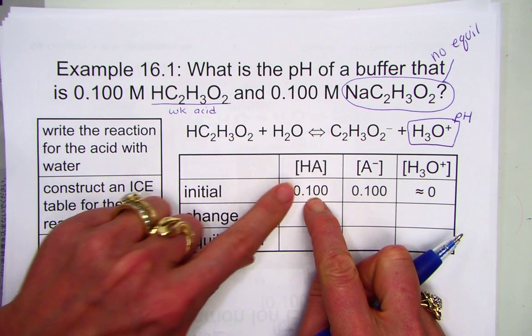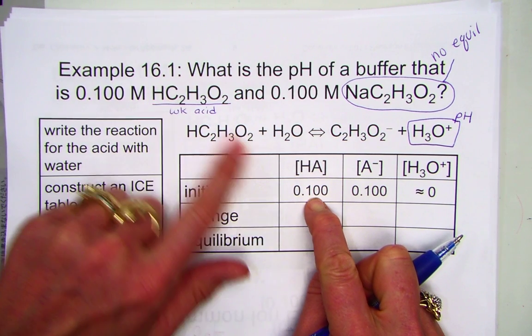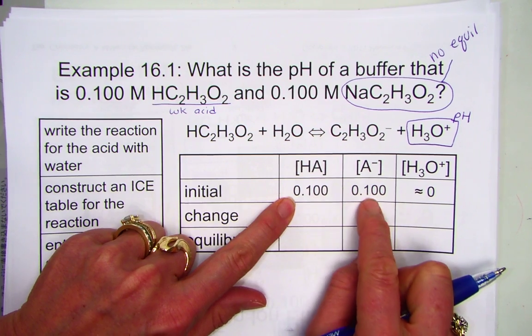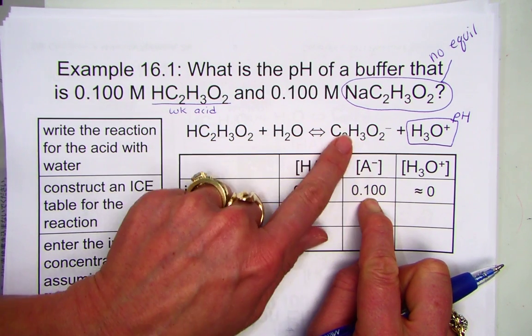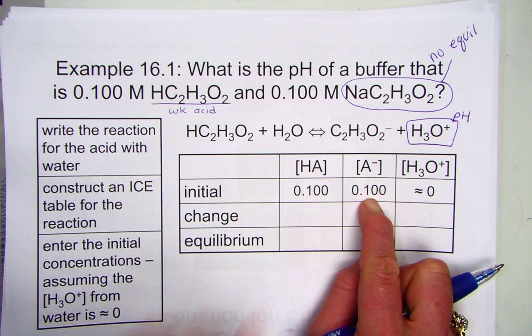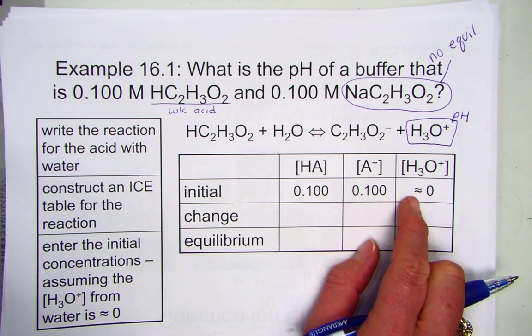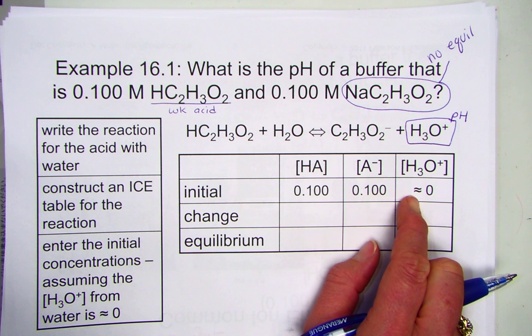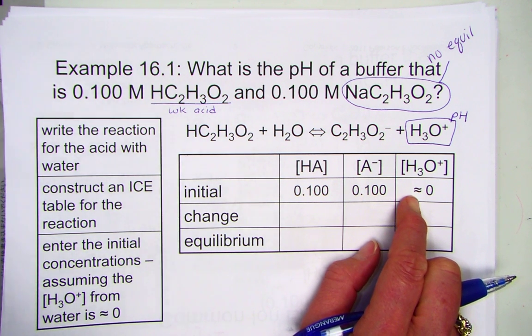We know the original concentration of HA is 0.1. The negative ion, the acetate, comes from the source of the 0.1 sodium acetate. And at this particular point in time, we have no hydronium ion, approximately 0, because it does slightly dissociate, but we'll call it 0.